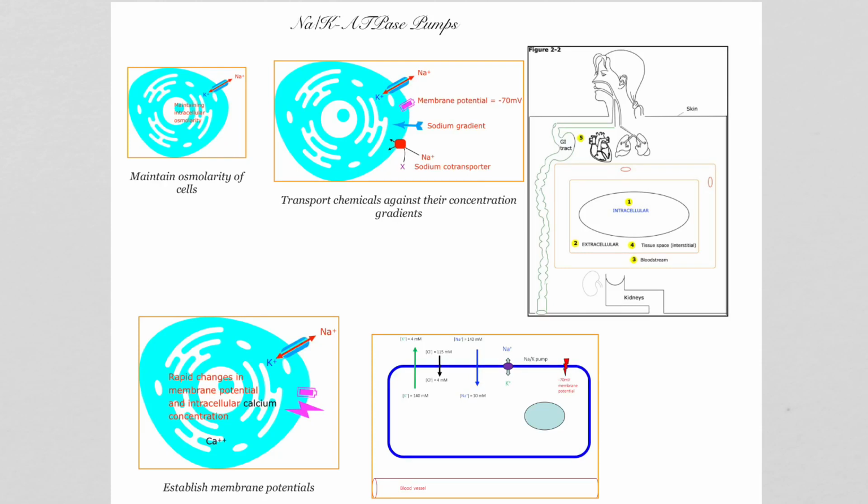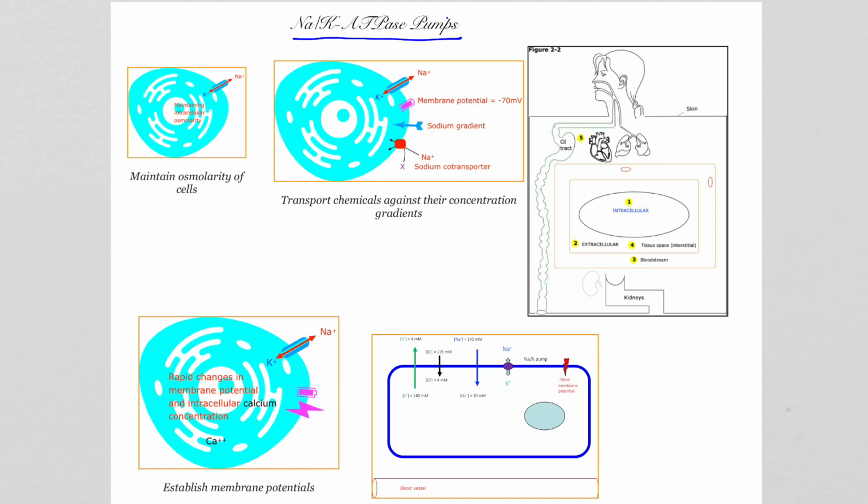In order to understand the clinical aspects of sodium, potassium, and chloride, we need to first look at a special type of transport proteins that are found in all cell types, called the sodium-potassium ATPase pumps, or simply sodium-potassium pumps.